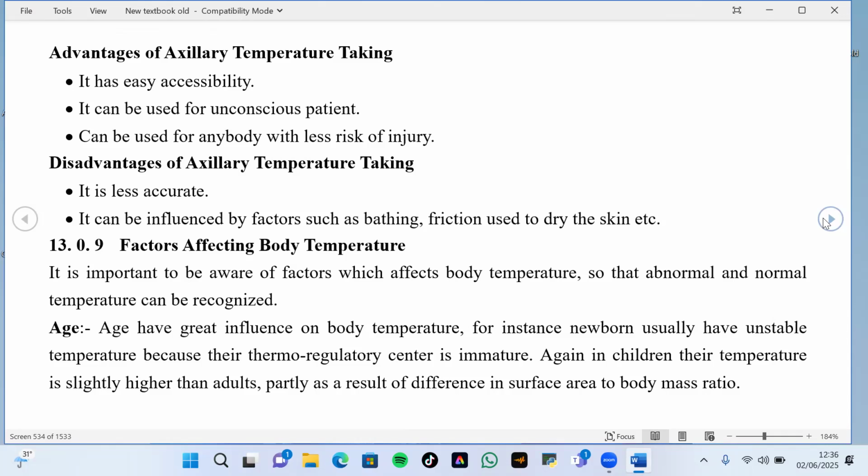Age has great influence on body temperature. For instance, newborns usually have unstable temperature because their thermoregulatory center is not well matured at that age. Again, in children, the temperature is slightly higher than adults, particularly as a result of difference in what is known as surface area to body mass ratio.